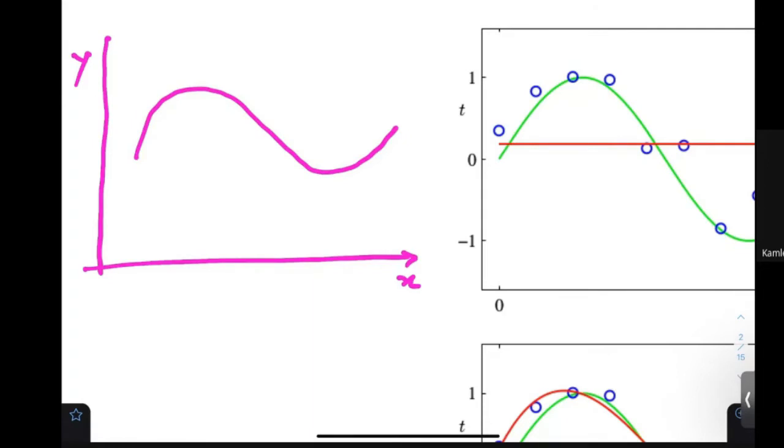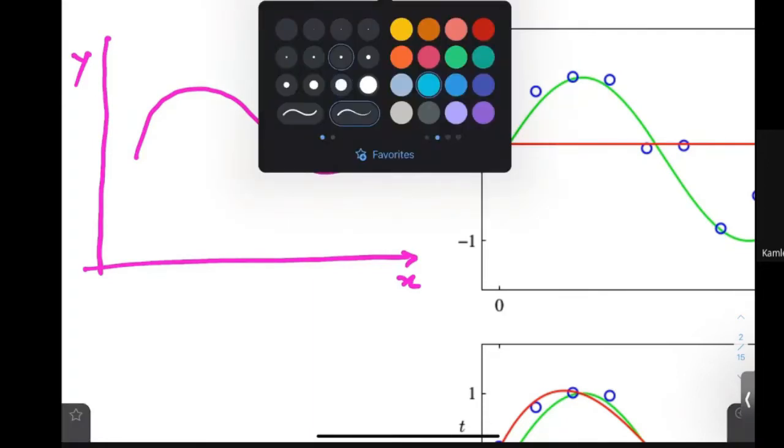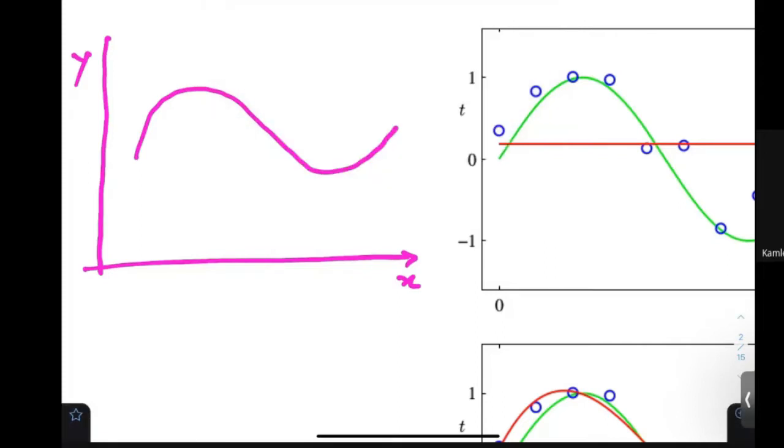Let's assume that this is the actual curve, but you know that there are some inherent issues, and because of this, let's assume that you want to find out the value of Y at this particular X. You know that this is the value, but since you are going to do an observation, you would be getting this value.